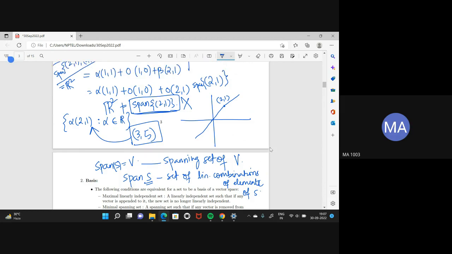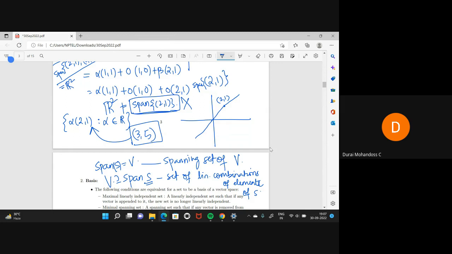For R2, you need at least two elements, right? To span R2, at least two directions, in the sense that two vectors which don't lie one on top of the other. Span of S is a subspace of V, right? Yeah, it's a subspace of V.